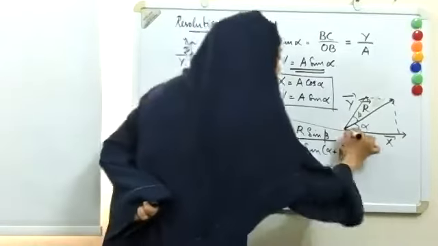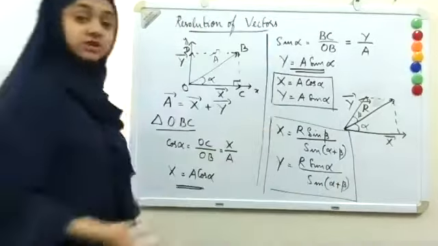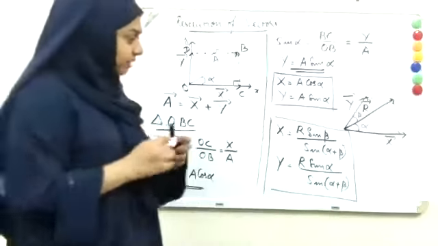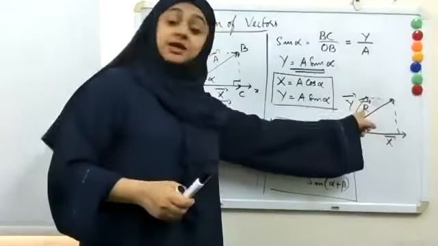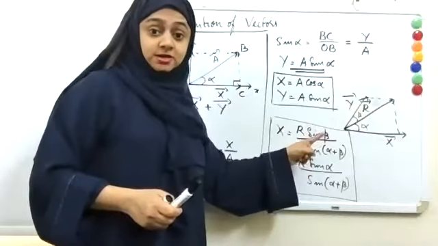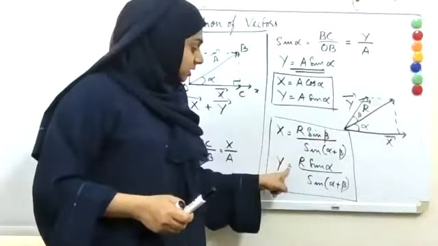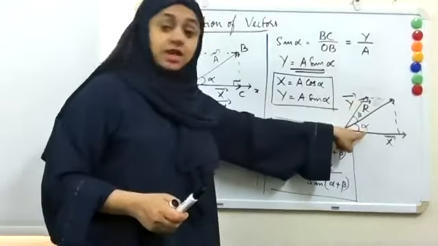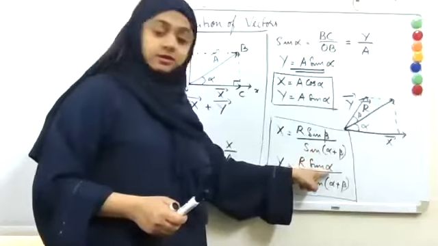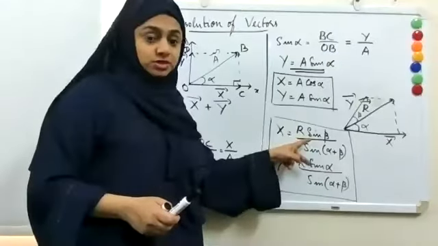Okay, we are not going to derive these expressions, but remember when I am taking the x component, I use the other angle, sine beta, in the numerator. Similarly, when I am writing the other component y, I use sine alpha, the other angle. Okay, you have to note this down.